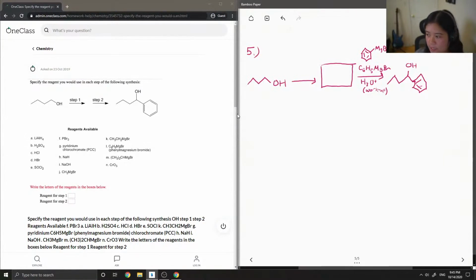But in order to get from this intermediate to there and react with this Grignard reagent, this middle group needs to be an aldehyde.